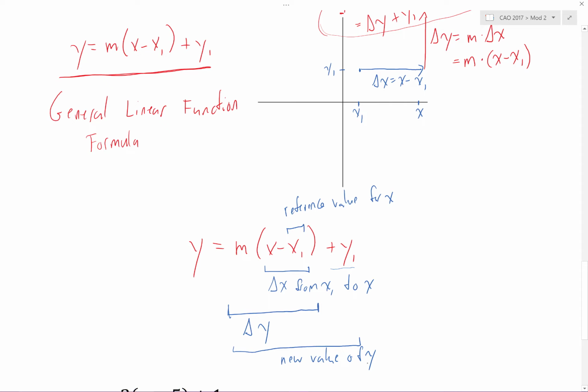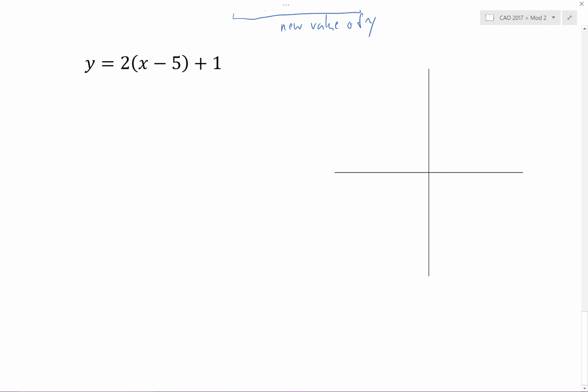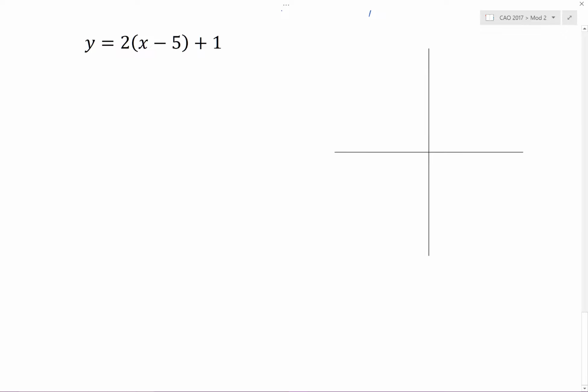So we can construct this general linear function formula, and we can also look at one and decide what each piece represents. So let's look at an example with some numbers. Let's assume x and y vary together such that y equals 2 times (x minus 5) plus 1.